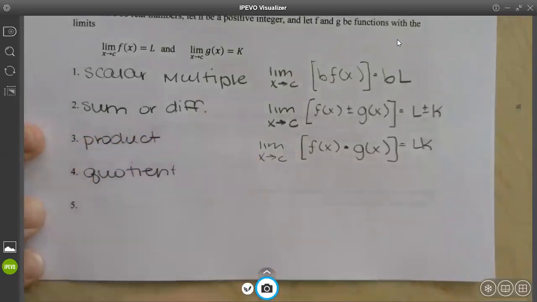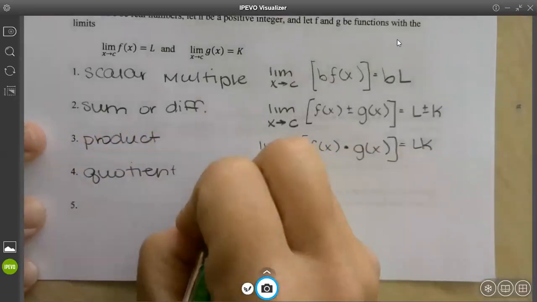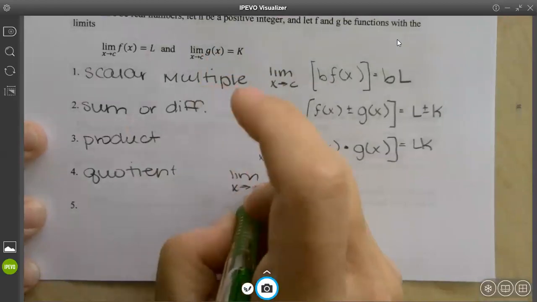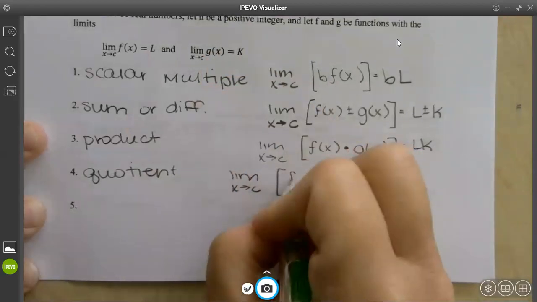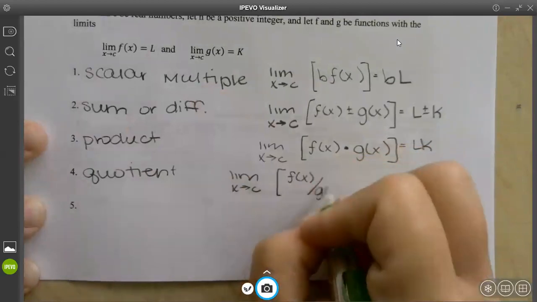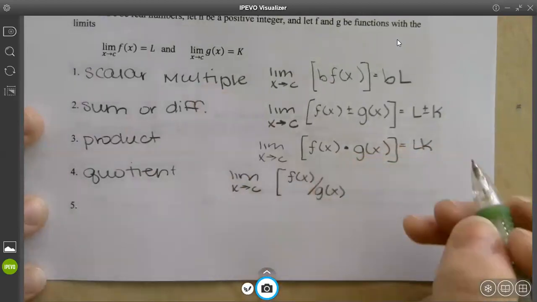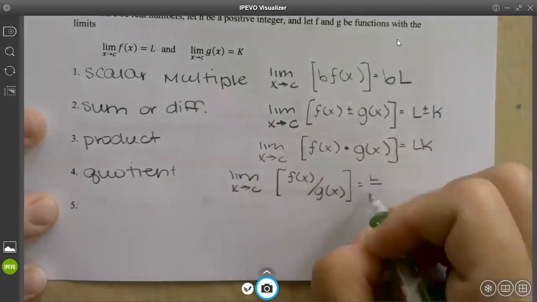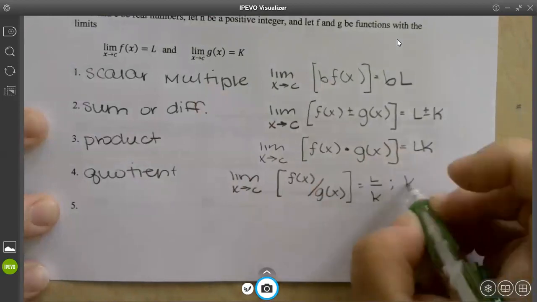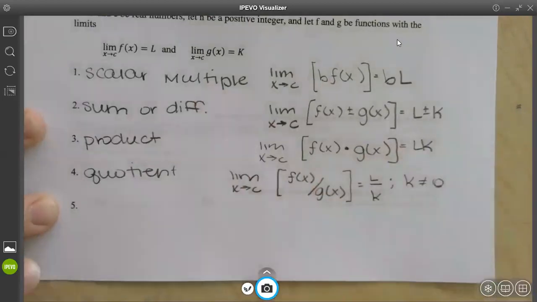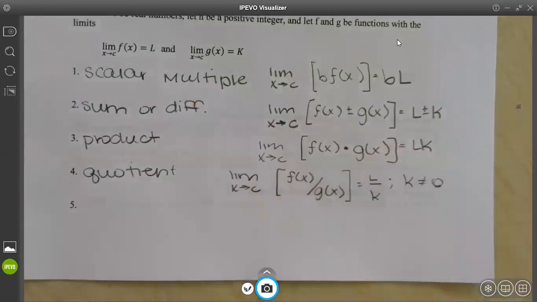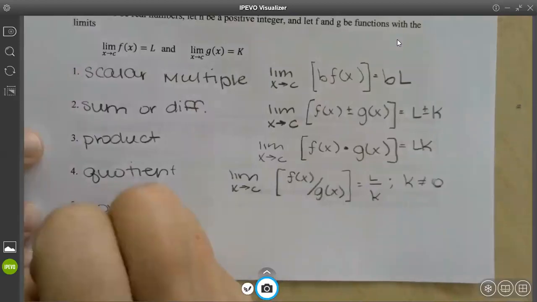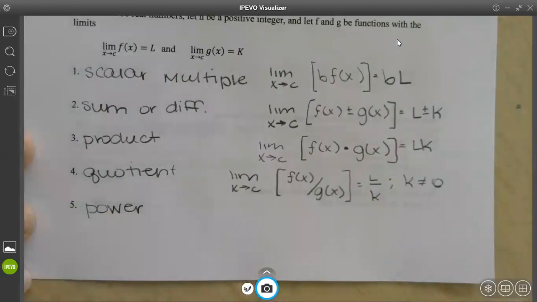Quotient means divide. Y'all, it's the same exact thing. The limit as x approaches c of f of x over g of x equals L over k, but k cannot equal 0. K can't equal 0 because we can't divide by 0. And then the last one is the power.